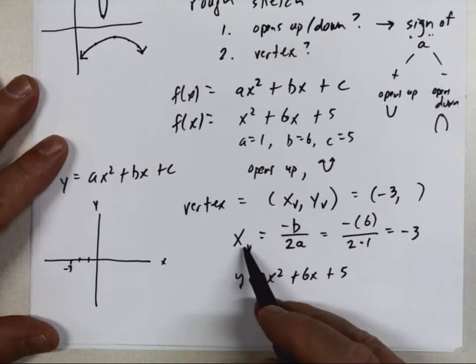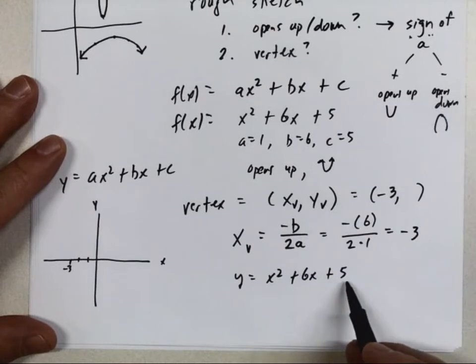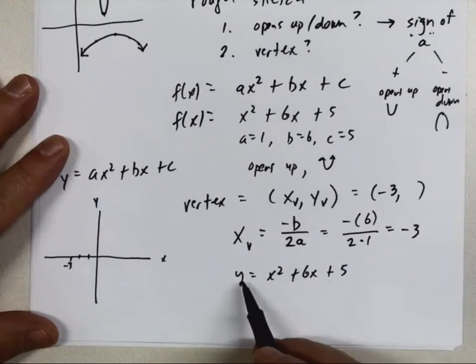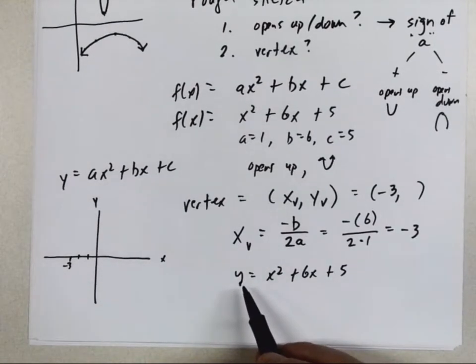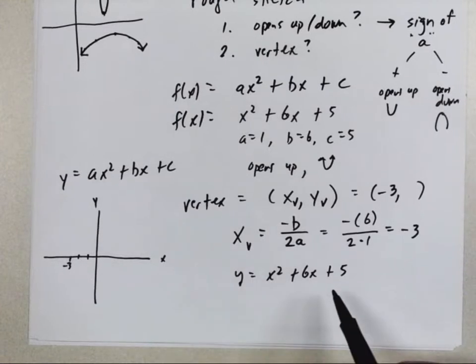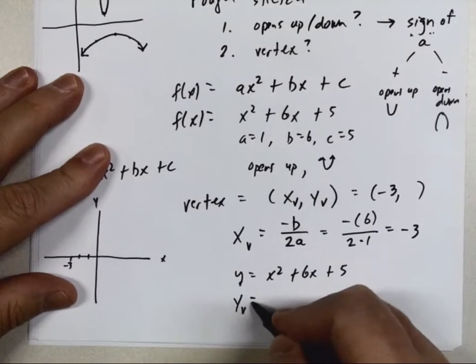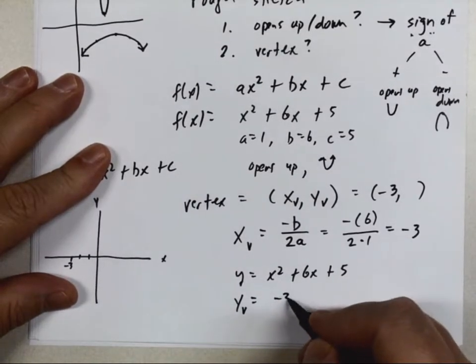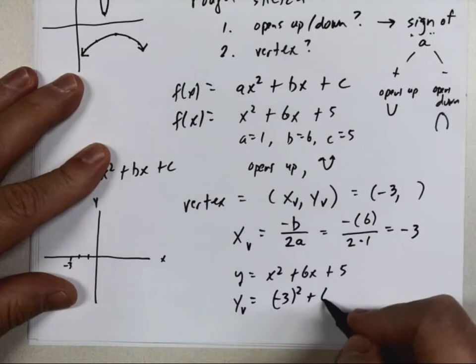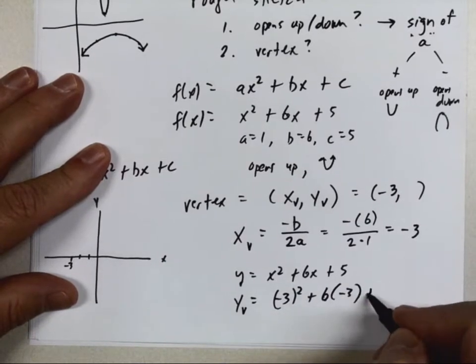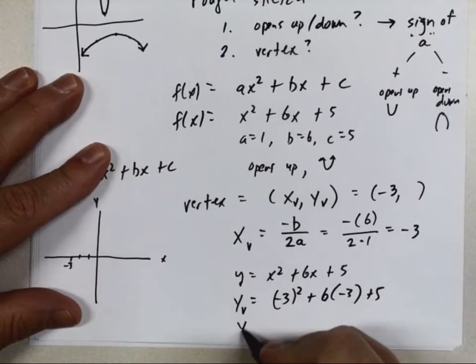If I plug in x sub v for x and do the calculation, the y I get will be the y of the vertex. Since I'm plugging in the value for the x of the vertex, it's going to give me the y of the vertex. So the y of the vertex will be -3 squared plus 6 times -3 plus 5.